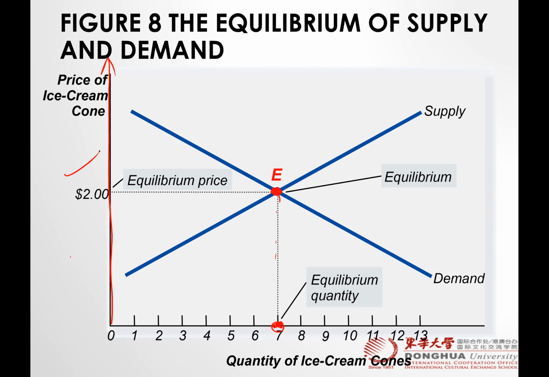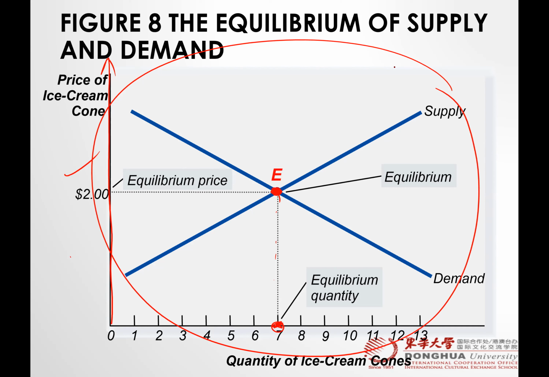So from now on, when we talk about the market, this is the market. How is this the market? Where buyers and sellers interact with each other. So you see, these are suppliers, producers, or sellers. These are buyers, consumers, or clients, right? When they interact with each other, what happens?